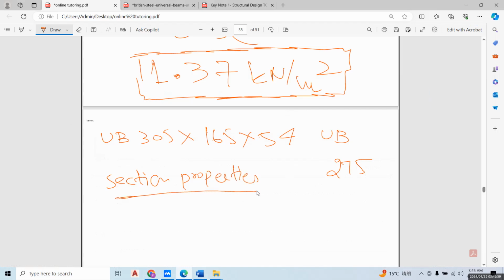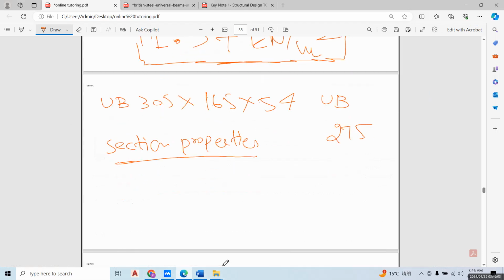What section properties do you need to classify the section? The first is breadth, then total height, thickness of flange, thickness of web, and R. These five values you need to find the section classification.